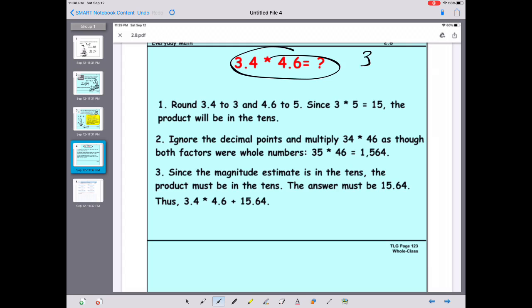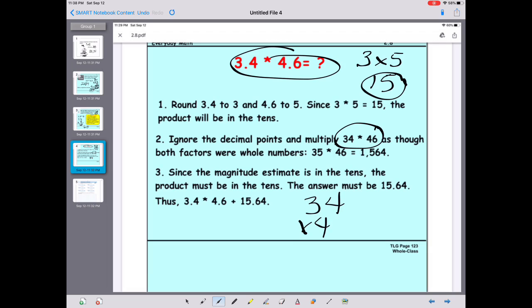3.4 is closest to 3. 4.6 is closest to 5. So my magnitude estimate is 15. We're going to multiply it like it says here.